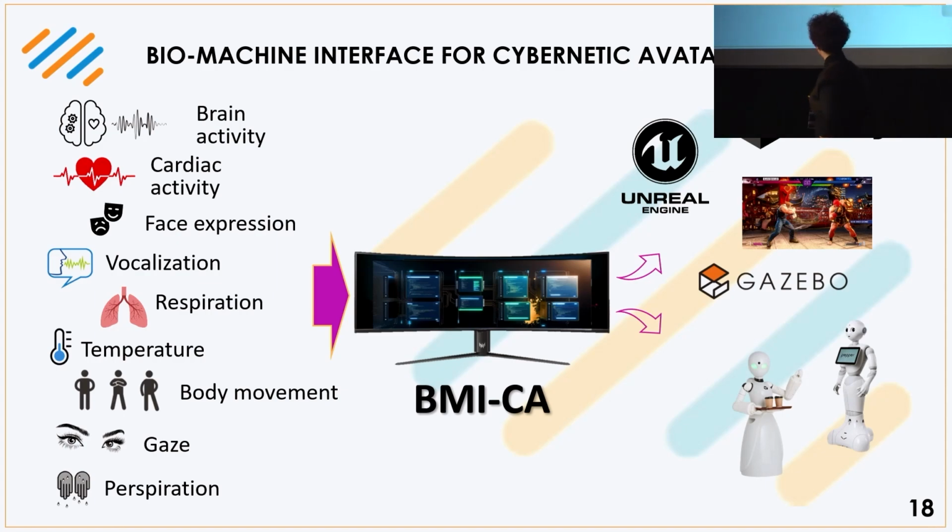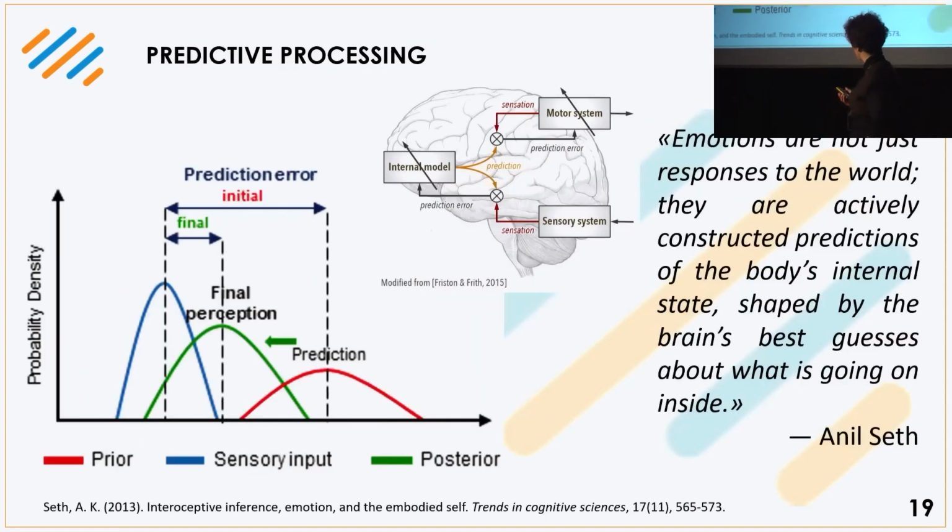And so why didn't we arrive till here? What I found quite interesting in my quest for understanding emotion was that it's been thought for a while now that emotions are not just responses to stimuli, but they are actively constructed predictions that change depending on the body's internal state.